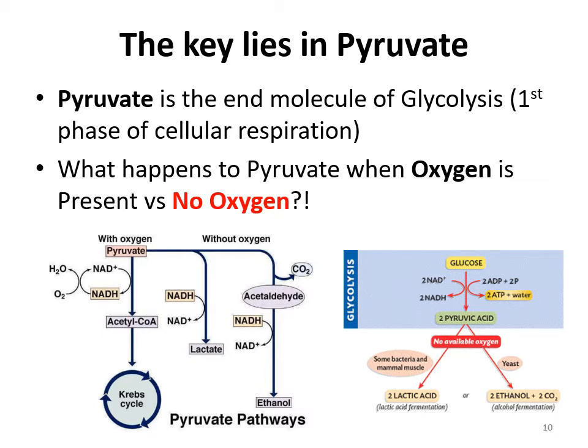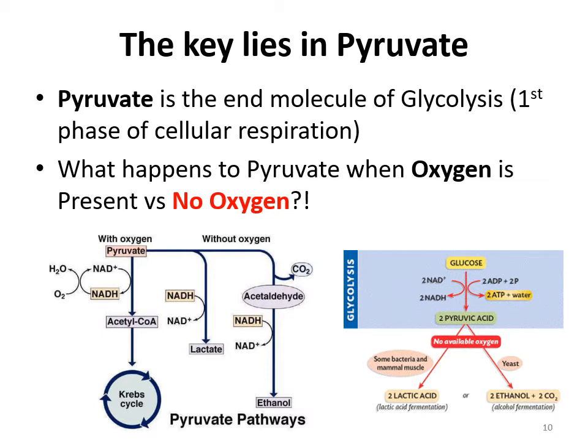So it will go through the prep phase, the Krebs cycle, and the electron transport chain. And ultimately, you can have that cell get between 36 or 38 ATP out of glucose once the pyruvate has gone through all of those steps.